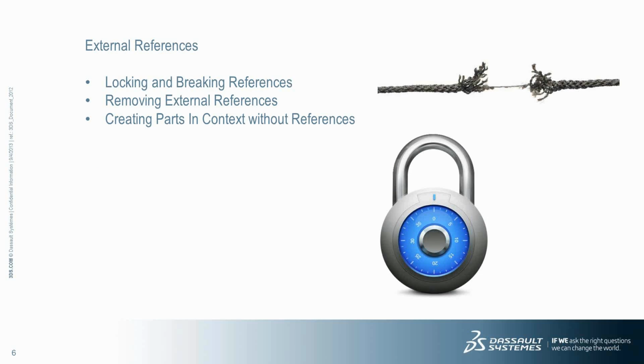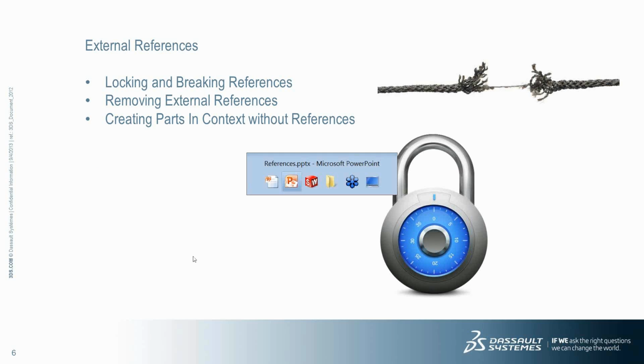And I want to talk a little bit about those because those do play a role as well. We're going to show you how they're created just so people have an understanding of what's done there. How to lock and break them, okay, so to stop them from updating. And how do you create parts in an assembly without references? Okay, because a lot of people like to work in the assembly.